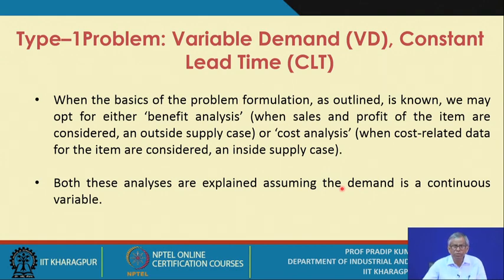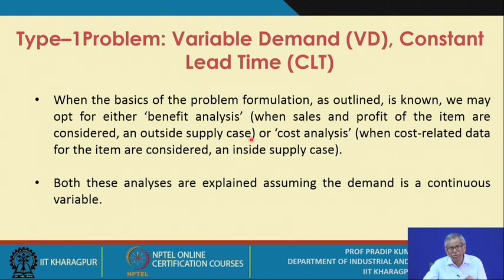When the basis of the problem formulation as outlined is known, we may opt for either benefit analysis, when sales and profit of the item are considered, and outside supply case.